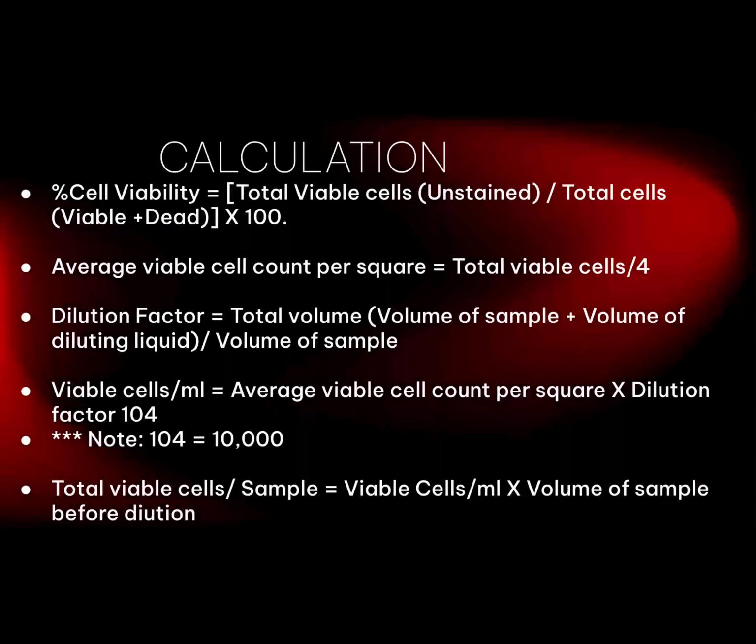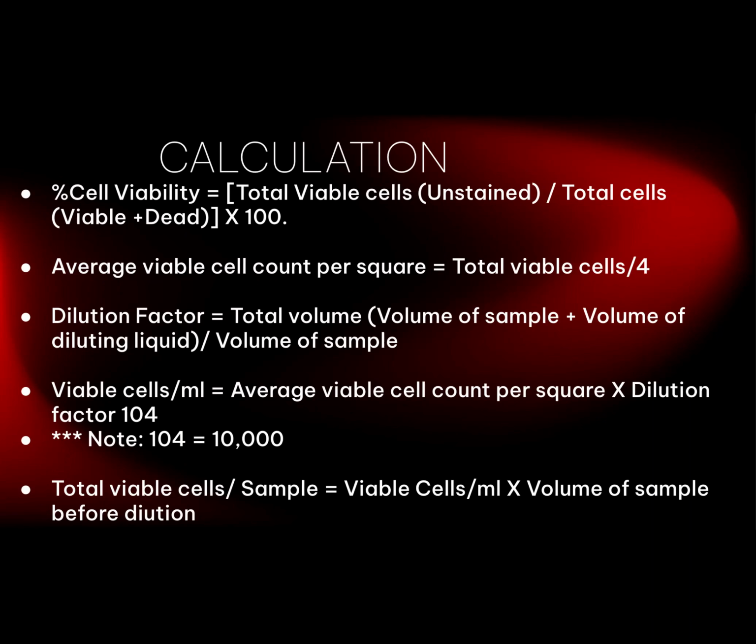Next, for the calculations, it is important that we know the following values, such as the percent of cell viability, which is the total viable unstained cells divided by the total cells, which is the sum of viable plus the dead cells, and then multiplied by 100.